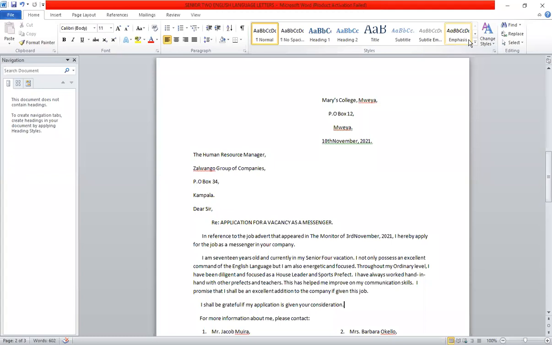Give us a role you played that has helped you, or that geared the aspect of being excellent in that aspect. So the proof there is being a house leader and a sports prefect. So you can look at all the unique qualities, all the characteristics you possess.